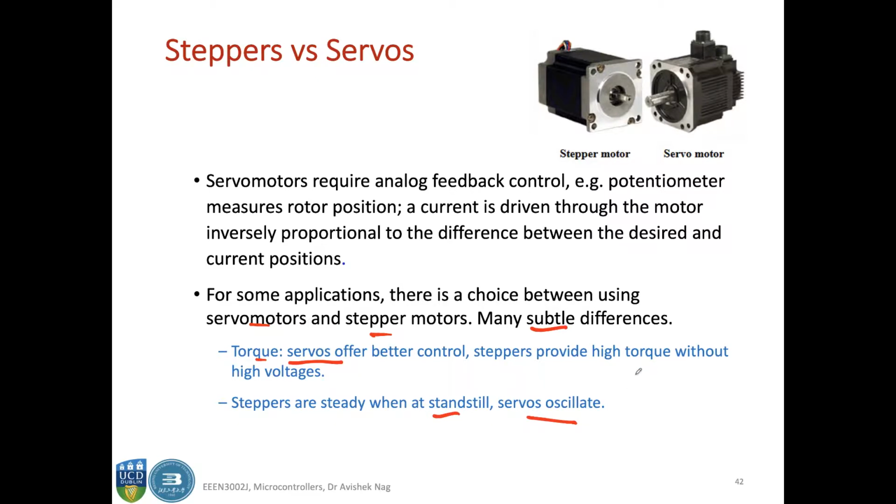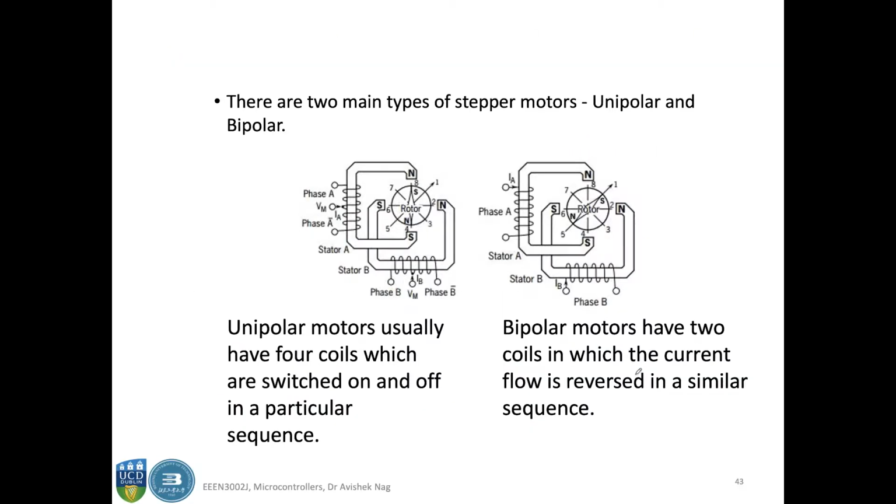Okay, so the stepper motors can be of two types: unipolar and bipolar. Here, first of all, you notice that this rotor is a permanent magnet with a south pole and a north pole, and this is the one that rotates.